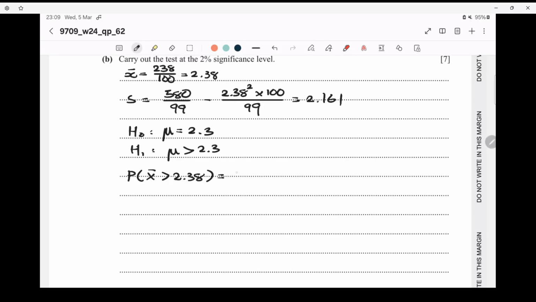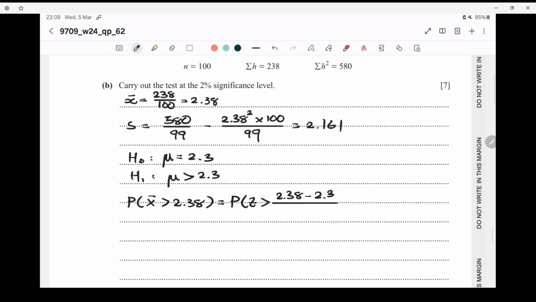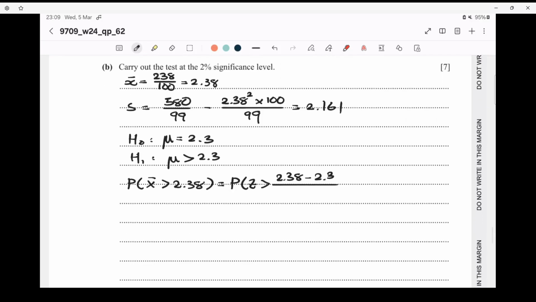So the z-score will be 2.38 minus 2.3 divided by... This is a part where you need to be slightly careful, because S is your population standard deviation.